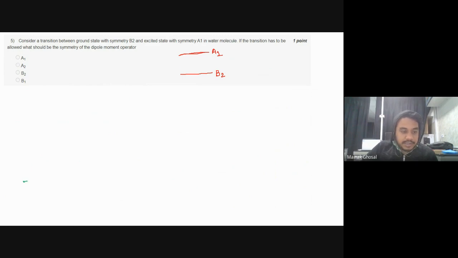So for an allowed transition, the intensity of transition, I can get from the transition moment integral.